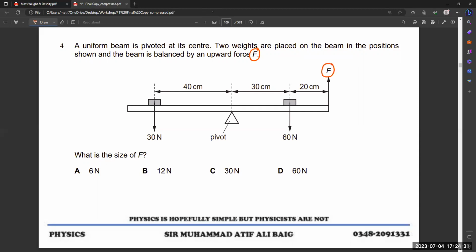So the very first part for the question is that you need to identify the number of forces, because the number of forces gives you the concept of moment. So how many forces are there in this question? Three forces. Yeah, three forces. You may mark forces according to your choice.